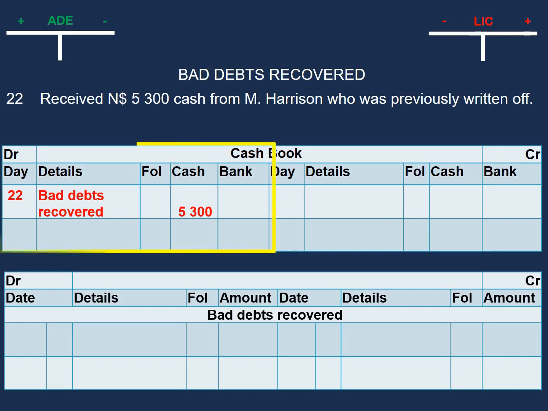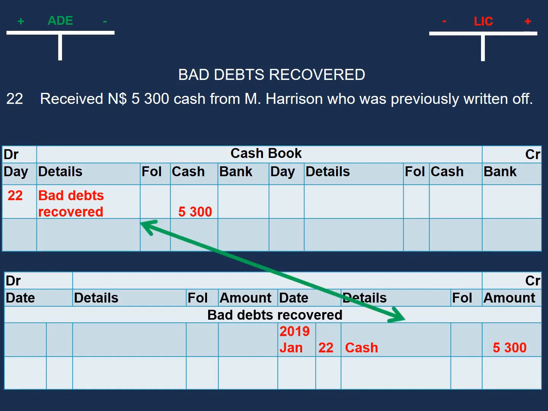And since we are entering this on the debit side, we are receiving money. And then we will credit our bad debts recovered account with 5,300, and our description in the details column will be cash because cash was paid by Mr. Harrison. And that will complete our double entry process.